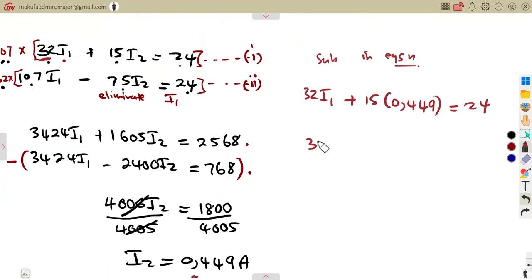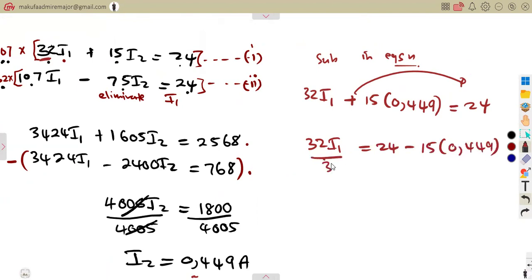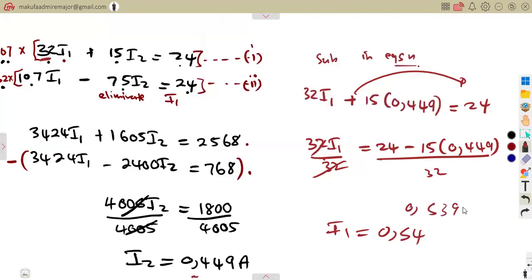So let's solve this. We take this to the other side, so it becomes negative on this side. Then whatever you obtain, divide by this 32. That is, you're going to obtain current 1, which is 0.5395, so 0.540 to 3 decimal places.